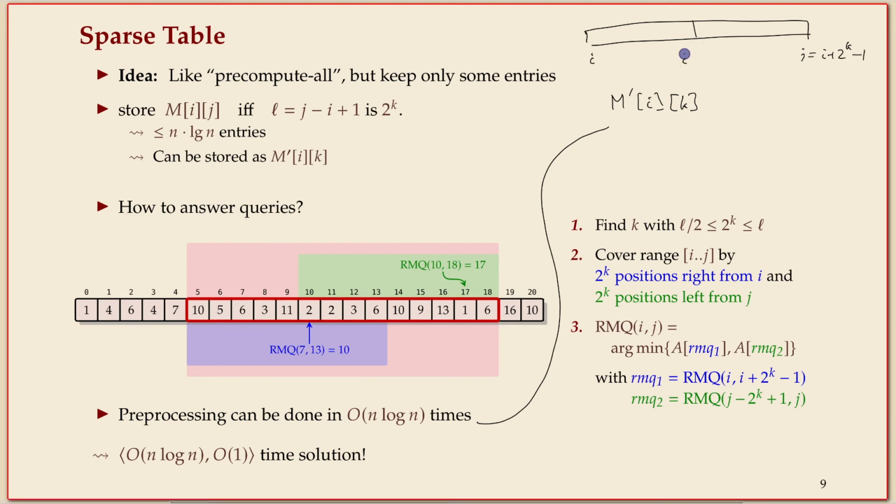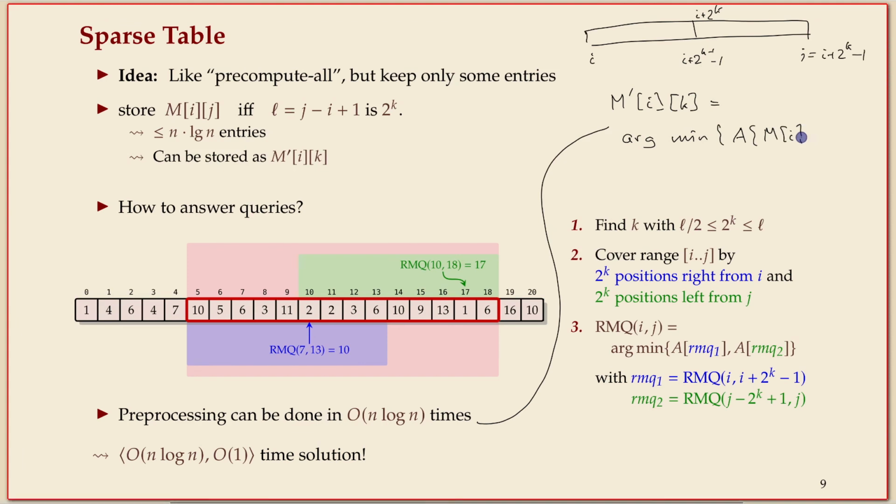This goes up to I plus 2 to the K minus 1, and then here is I plus 2 to the K. So you find two ranges that are half as long. Again, a power of 2 in length, so you have computed them already. So you can do the same trick as before. You do argmin, and you use those two ranges.